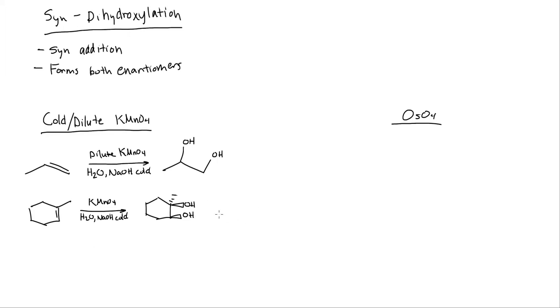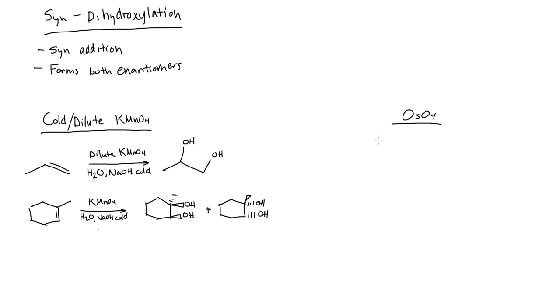So OHs are syn, and then we also get the enantiomer of this one, right? Like I mentioned, we also get the enantiomer. So syn addition, and we get the enantiomer with the cold potassium permanganate. There's not really anything else that complicates this at all. This second one is about as hard as this reaction is ever going to get.